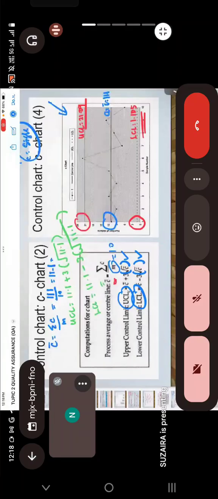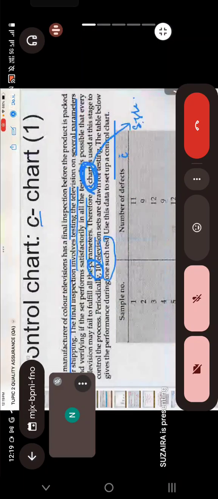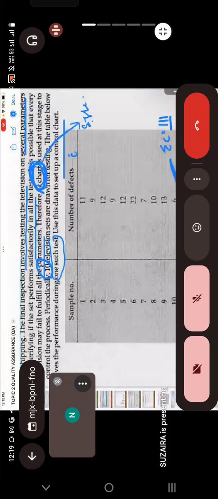Directly and straightforward, we need to plot the defects for each of the samples, where just now we have 10 here, and then you just plot 11, 9, 12, up until 6, because this one is direct.